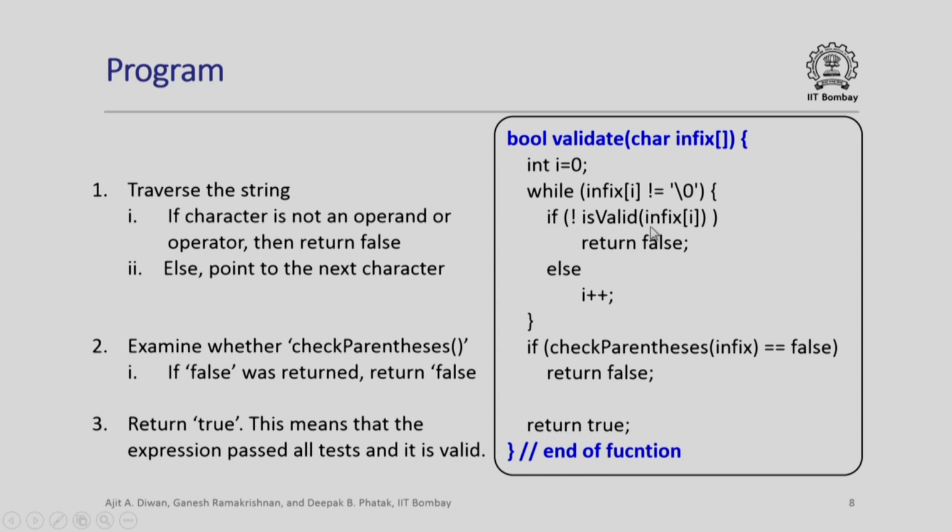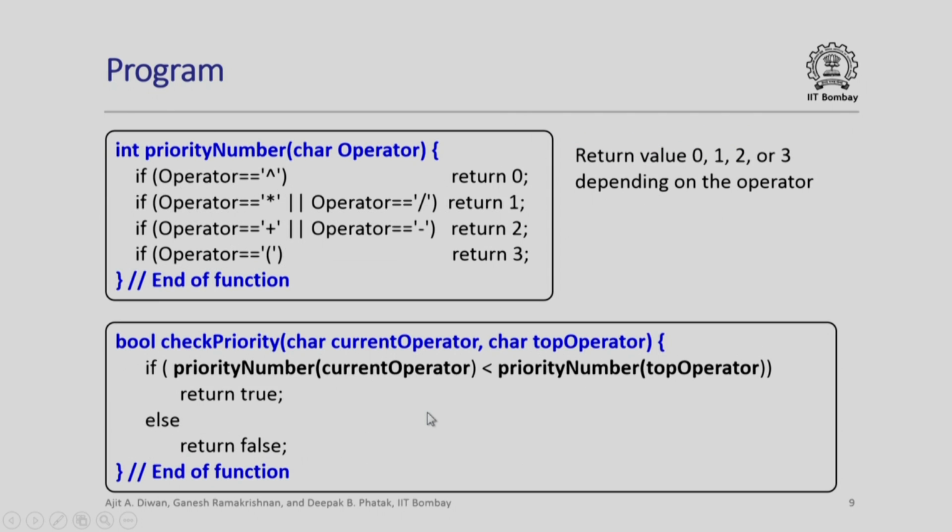If it is not valid, it will return false, else it will go to the next character. This way it will check everything. It will finally check parentheses given the infix string. If that is false, then again it will return false. If the parentheses match and all other characters are valid, this function will return true. Again, a very simple function which will validate our expression.